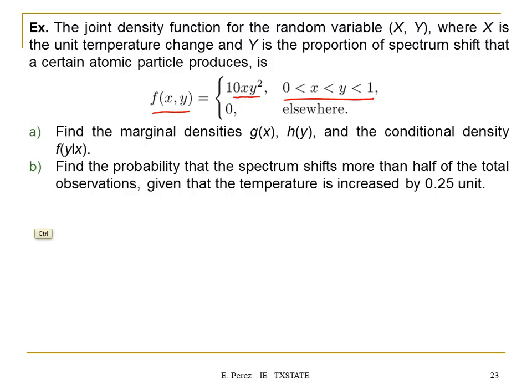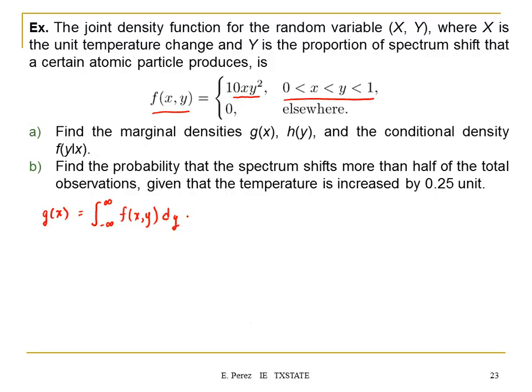Let's review how to get the marginal density for x. This is from Wednesday. We know that g of x should be equal to the integral from minus infinity to infinity of the joint density function, with respect to x or y?